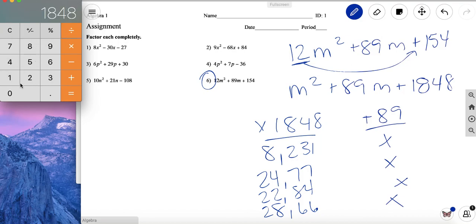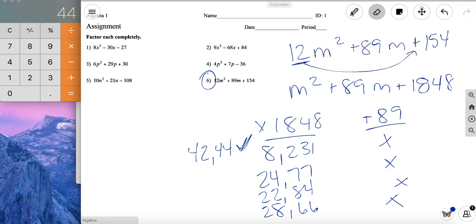Divided by 42. 42 and 44. So 42 and 44 do add to get me 88. So we know that this has to be the winner. 42 and 44.